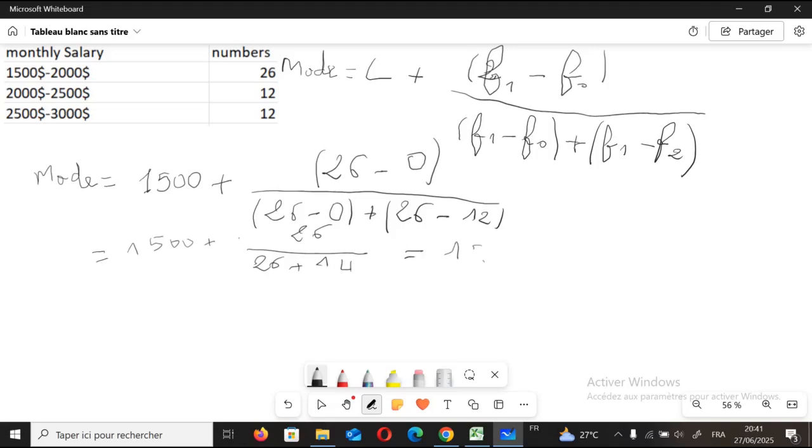It's 1,500 plus 26 divided by 26 plus 14.